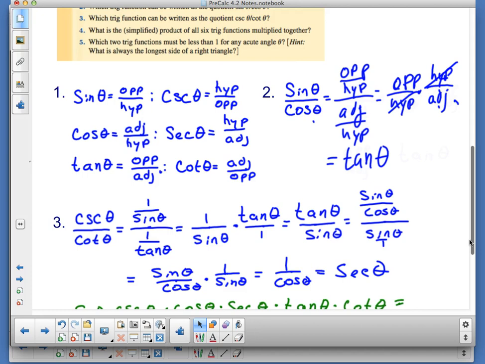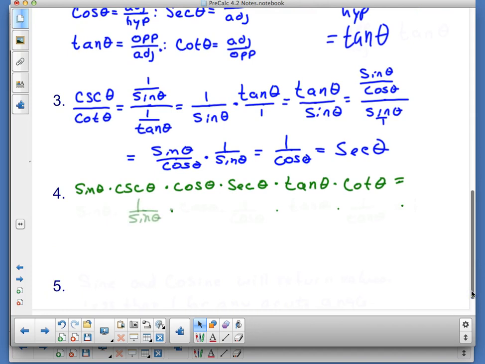Cotangent is 1 over tangent. So if I have a bunch of reciprocals multiplied together with the regulars, what's going to happen? They're going to knock each other out and become 1. At least they should. If I'm stepping through, this becomes sine, that'll knock each other out. Cosine, that's 1. So it should just be 1 when I get them all done.